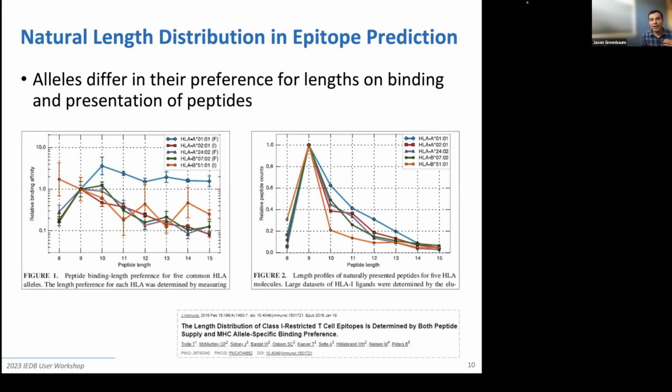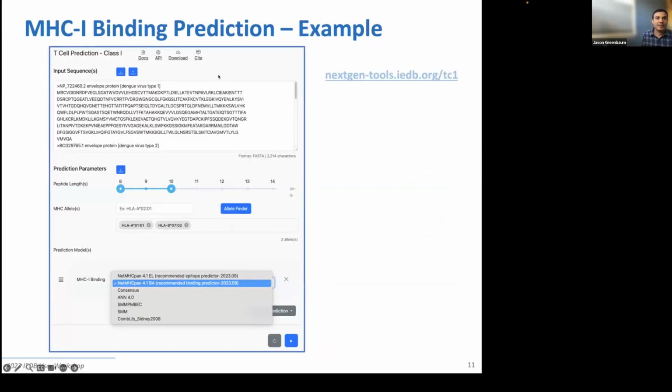The take home here is that these profiles look relatively similar on the right. These are the peptides that actually have a really good chance of being epitopes, and there's a big spike at 9 here. So if you're going to predict for only one length, you'll definitely want to make that length 9. But you can predict for more lengths simultaneously on the IEDB tool site.